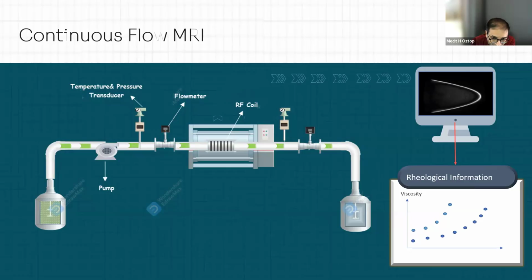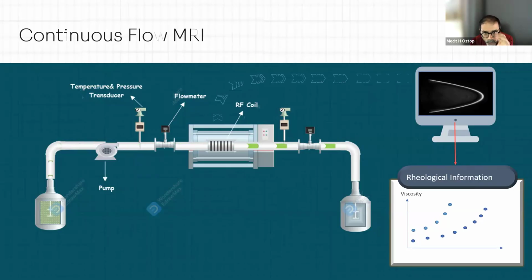At the entrance and exit of the system, we have pressure and temperature transducers, and also we have a flow meter to control the flow.